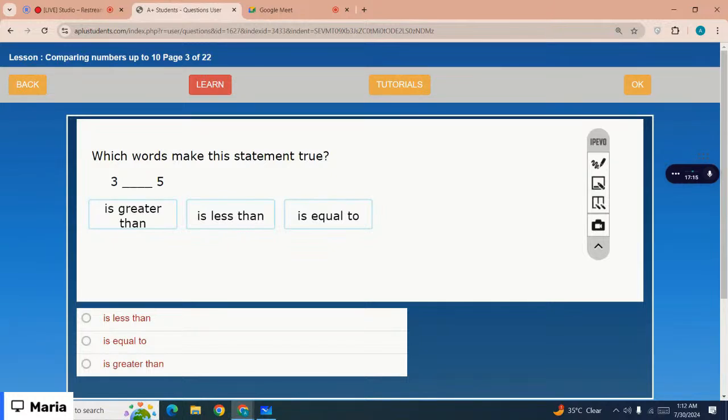Which words make the statement true? 3 and 5. So which is the correct option?